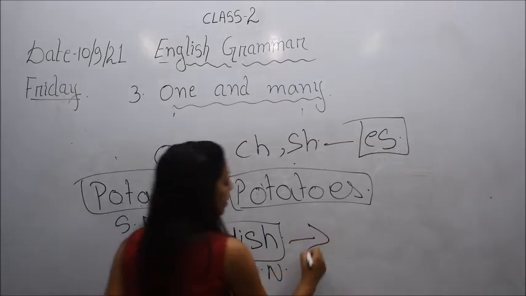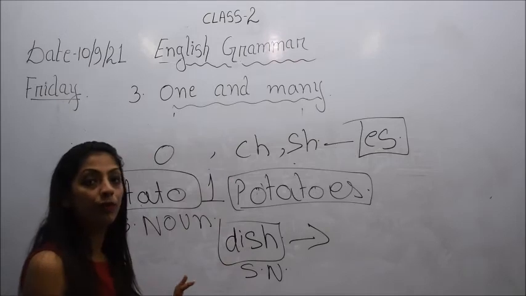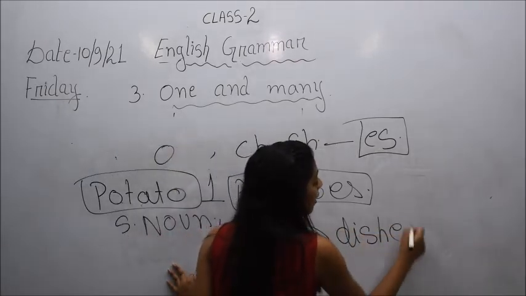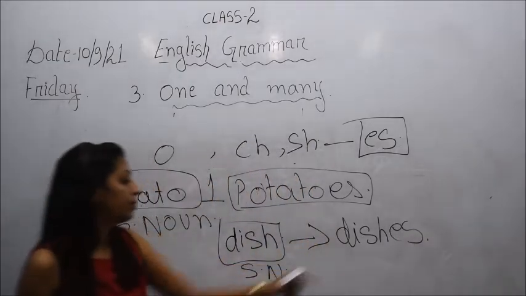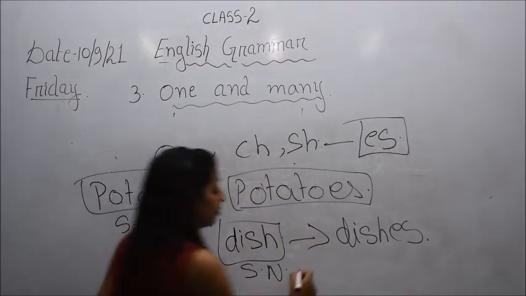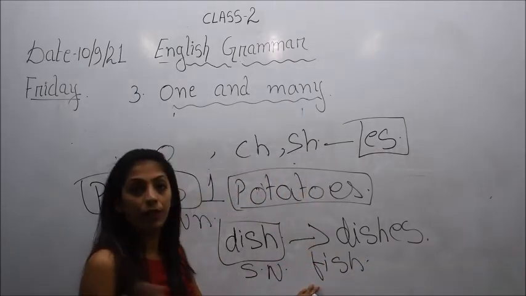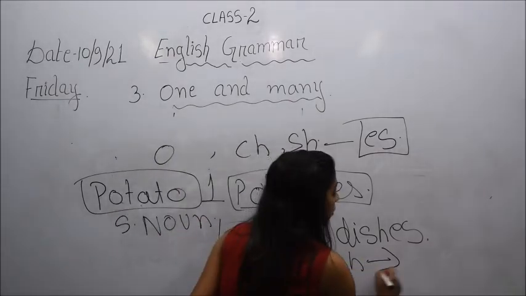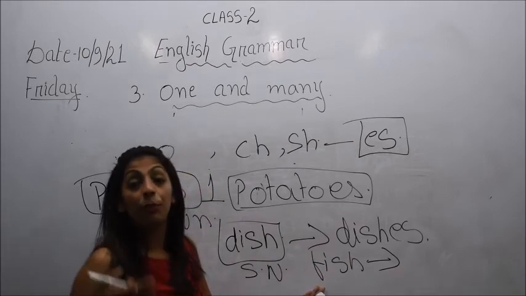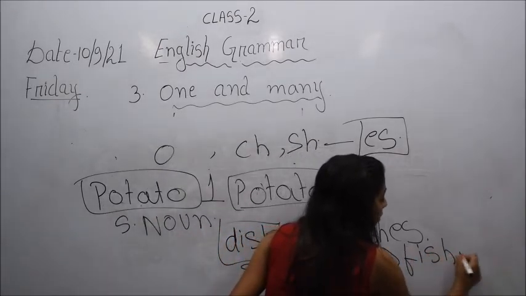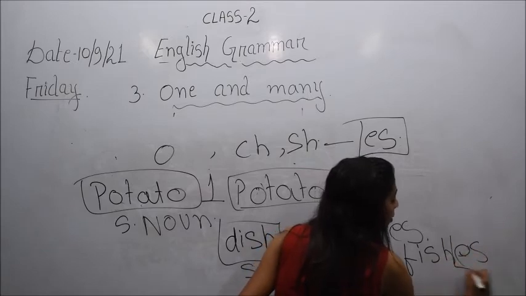Now you have to convert it into plural noun. So what will you do? You will add ES, dishes. Or fish. So we know what a fish is, right? So to convert it into a plural form, what will you have to do? Fishes.